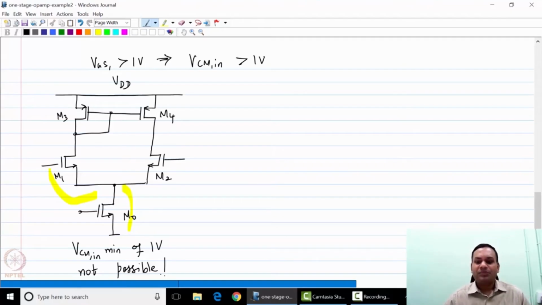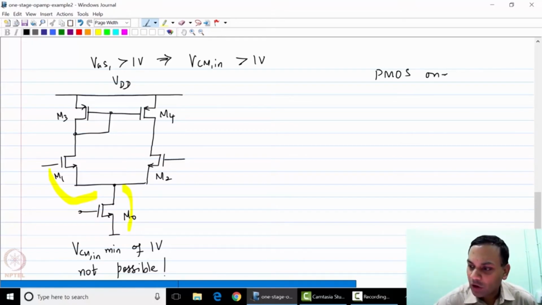As we have seen, the NMOS device and the PMOS device have identical small signal pictures, which means you should be able to interchange the NMOS and PMOS transistors and be able to get a circuit with the exact same small signal characteristics. The only difference being that the bias points would be different. So let us now look at the PMOS one stage op amp.